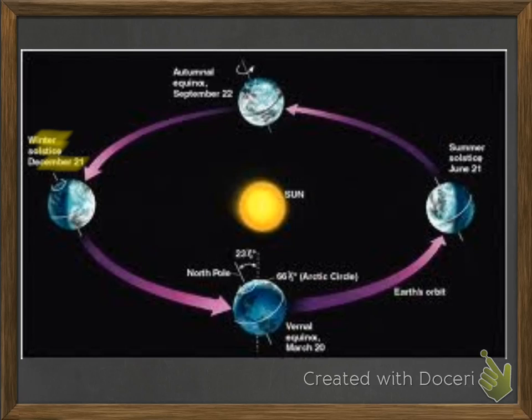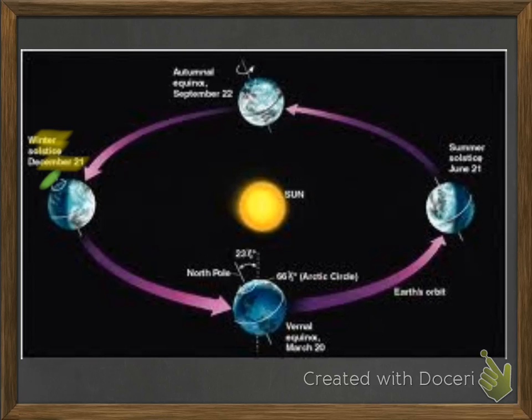That's when the Earth's North Pole is farthest away from the Sun. As you can see here, the Earth's North Pole is really far away from the Sun.